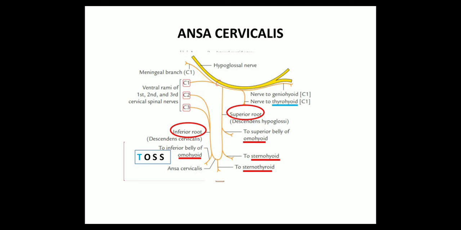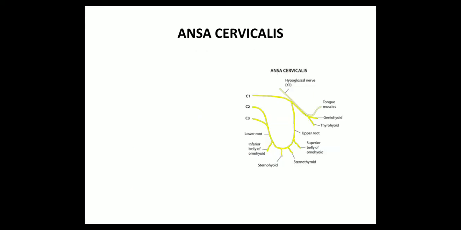Ansa cervicalis. The ansa cervicalis is nothing but a thin nerve loop closely embedded in the anterior wall of the carotid sheath. It has the superior root, the inferior root and the ansa, which connects these two roots.